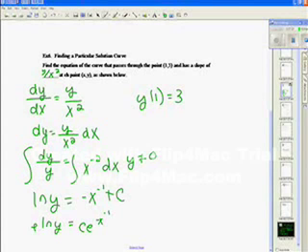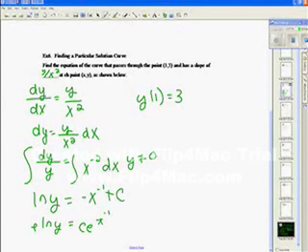Because if you're going to take the natural log of both sides, you can't exclude anything. You have to apply it to everything. So if you apply it to everything, you can then pull those together.